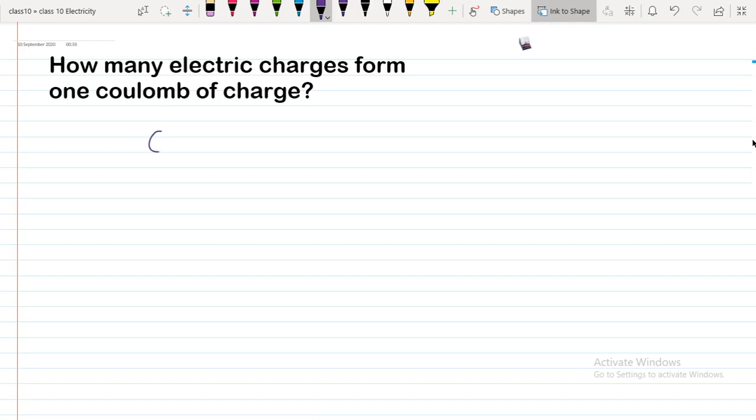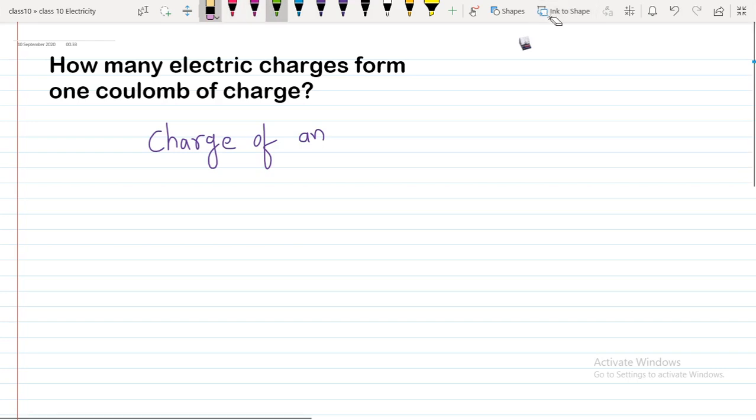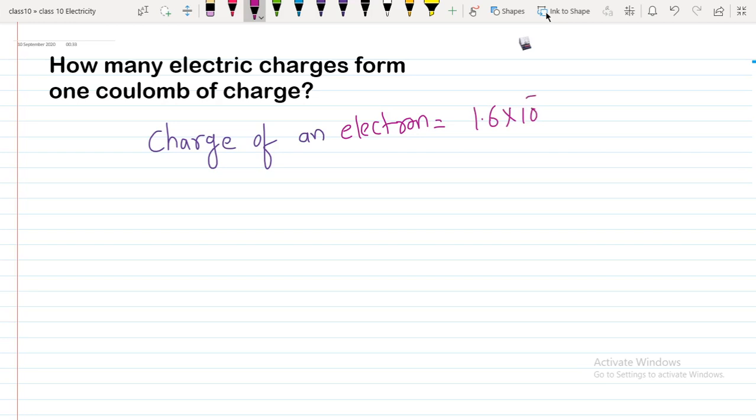And we know that the charge of an electron is equal to 1.6 times 10 power minus 19 coulomb. So to find the number of electrons, here we are going to use one relation.